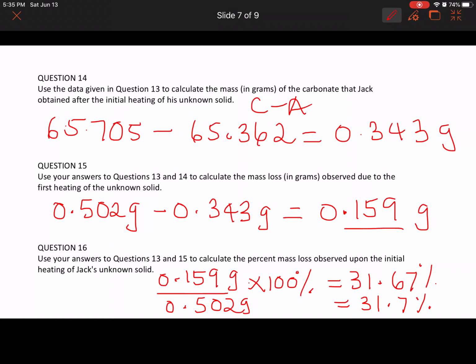Remember, in our lab discussion video, I explained that if the mass loss due to carbon dioxide and water evaporation is greater than 25%, that's going to be a hydrogen carbonate. If it is less than 25%, it's going to be a carbonate. So ours is 31.7, meaning our initial solid is a hydrogen carbonate. Okay, a bicarbonate.